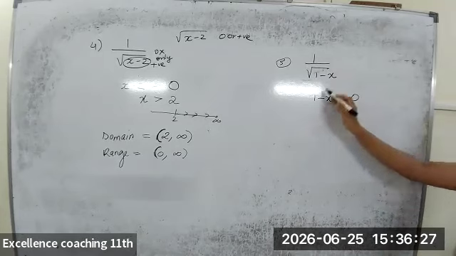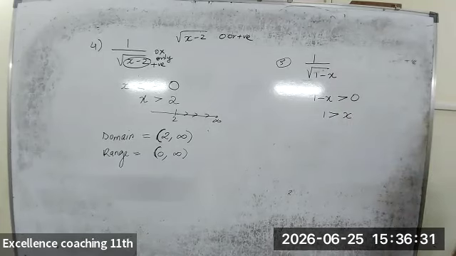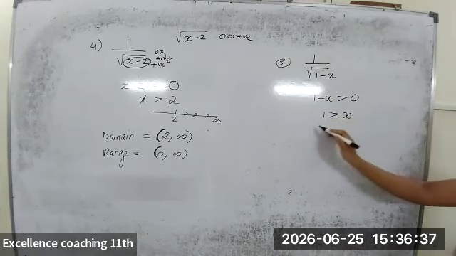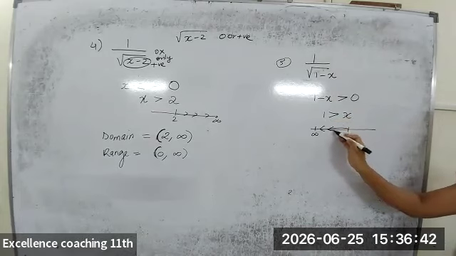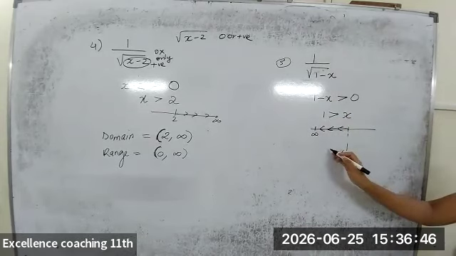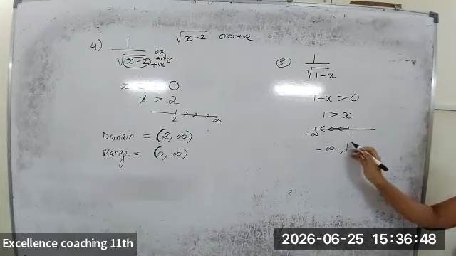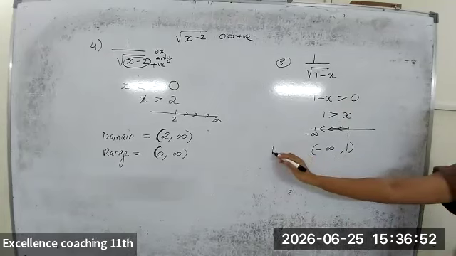So x you have to take to the other side. So how will you read this now? x is smaller than 1. Smaller than 1 means this side values. So it will start from minus infinity and go till 1 with a round bracket, because there is no equal. So this will be your domain.